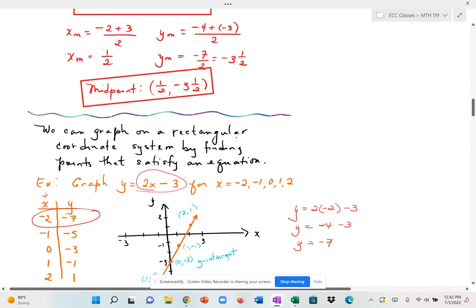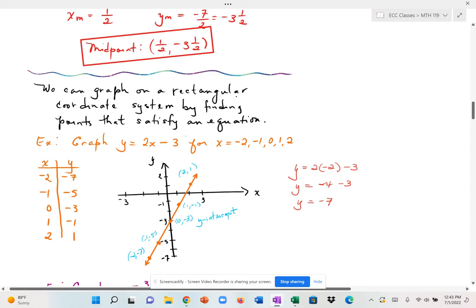You would do the same thing for all the other values of x. And so I get all of the coordinates listed in this table: (-2, -7), (-1, -5), (0, -3), (1, -1), and (2, 1). All of those points then get plotted on your xy plane.